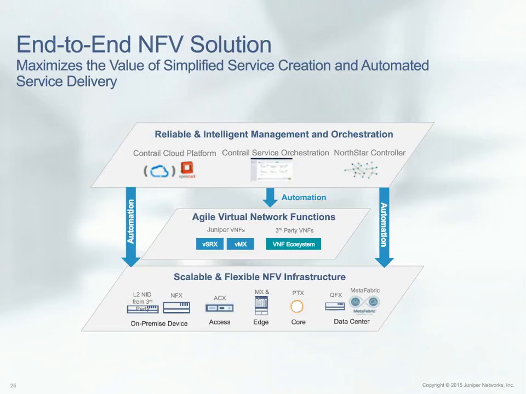We have our Contrail Service Orchestration layer that performs many of the tasks that I just walked through in terms of from the network designer to the instantiation to the continual monitoring elements of a service lifecycle. And then our Northstar WAN controller, which has the ability to better do traffic management of things across our WAN network for this traffic flow.